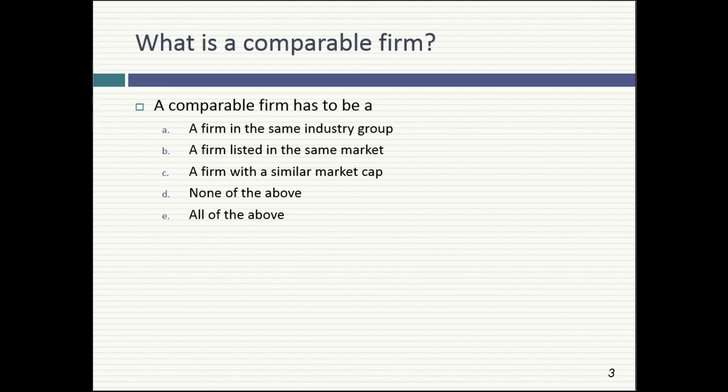So if I'm a real estate firm in New York City, what should my comparable be? So let's have a publicly traded real estate company in New York. Primarily, its business is in New York, it gets most of its revenues in New York, and I want to find comparable firms. I can go find you other real estate companies, I probably can't find them all, but I could go across the US.